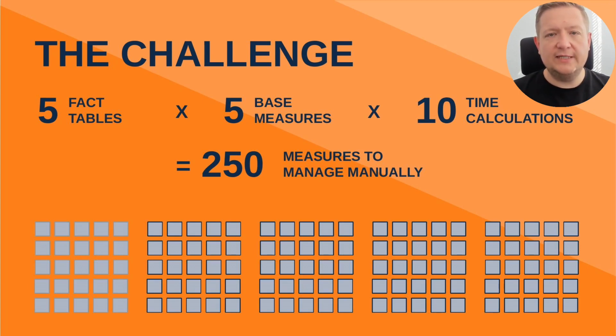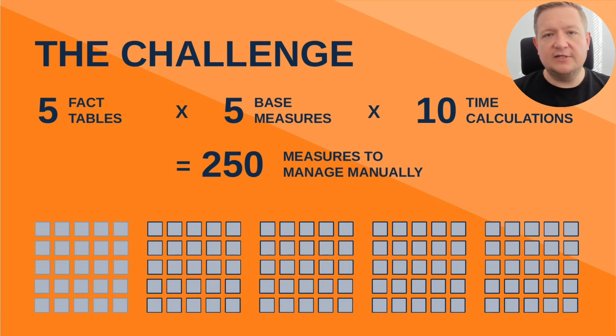And if you do it the way we did in the last episode, you will end up in this simple example with already 250 measures that you need to manage manually. And not only do you need to add them manually, but also imagine if you later on want to modify one particular time intelligence calculation, like the running total or the rolling 12 months or something like that, then you will end up with a lot of measures that you need to alter.